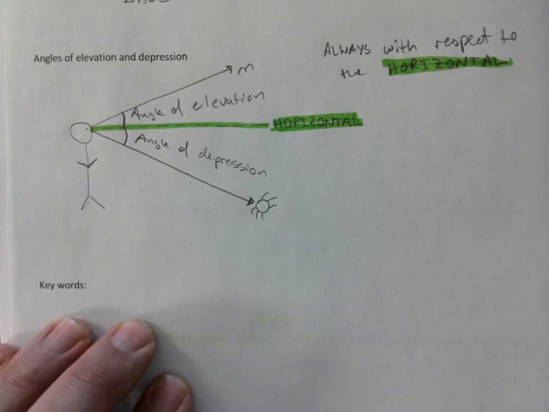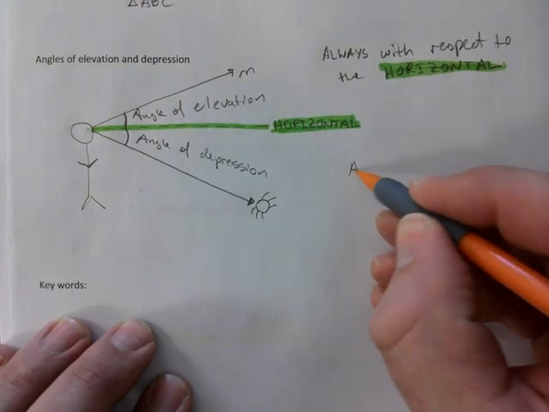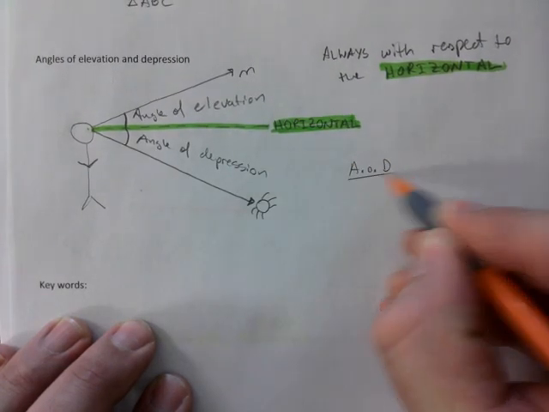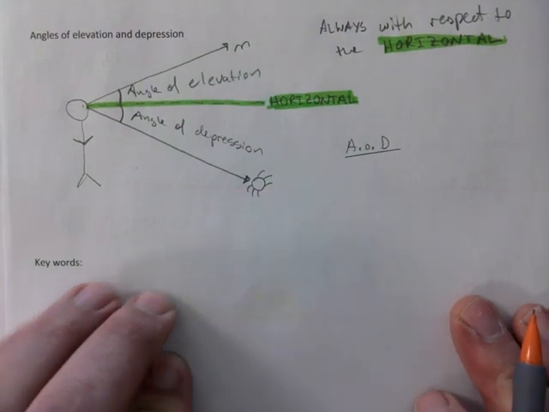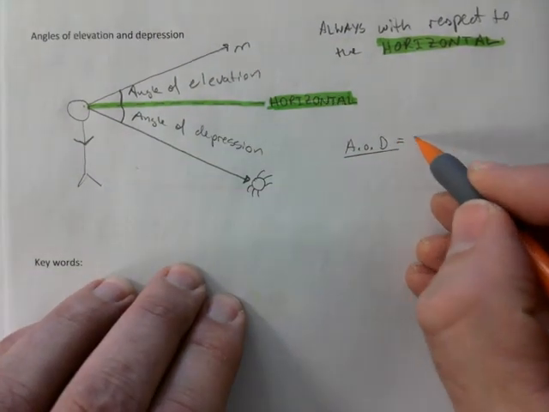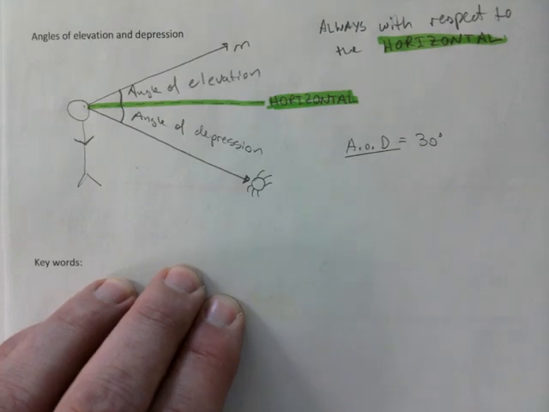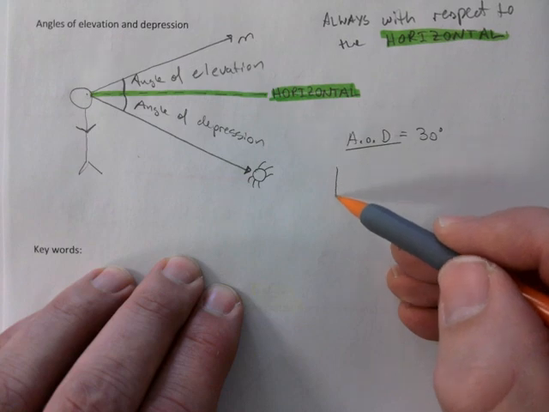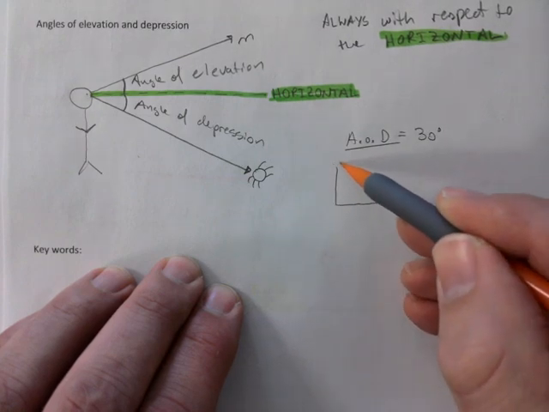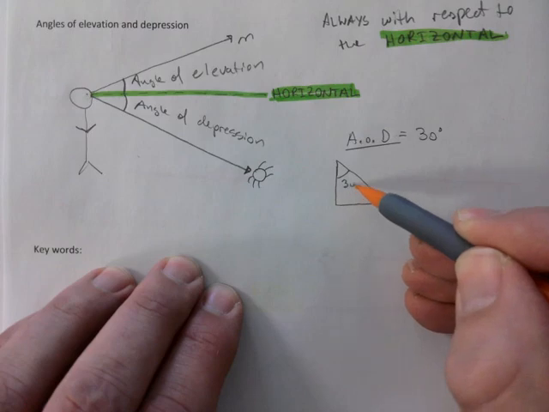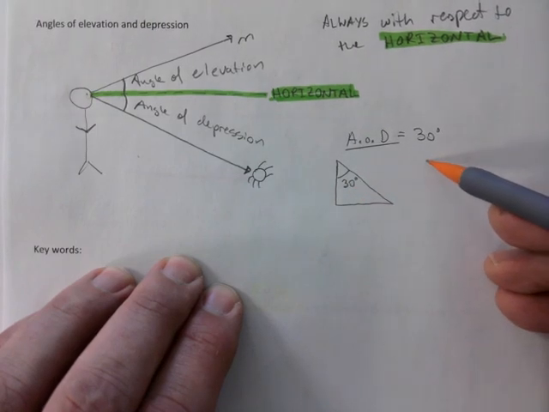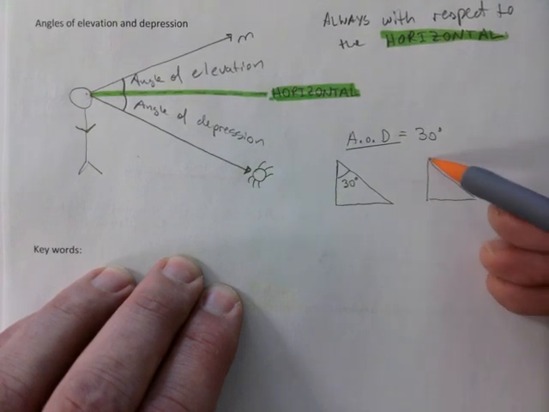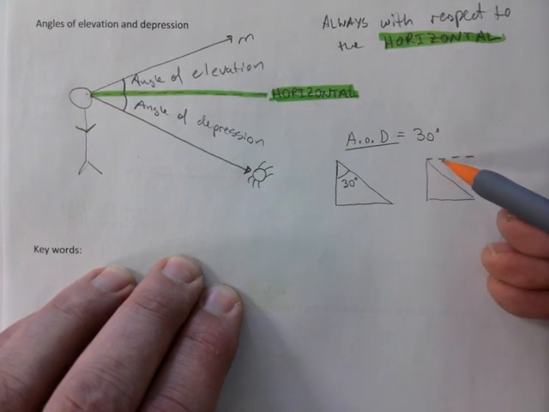Okay. I will give an example of what not to do. Angle of depression. So let's say the angle of depression is 30 degrees. Draw a triangle with it. I'll tell you which one is going to be wrong. Or let's make two. Put the 30 here. Let's make another one. Put the 30 there.